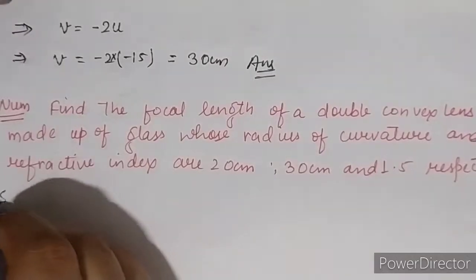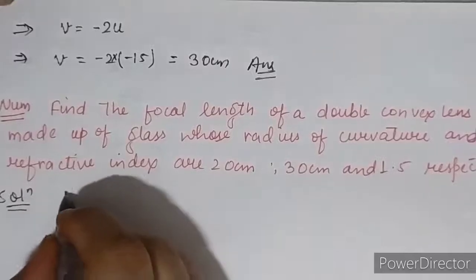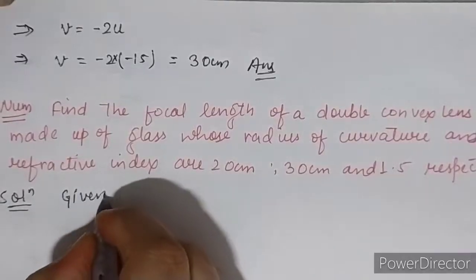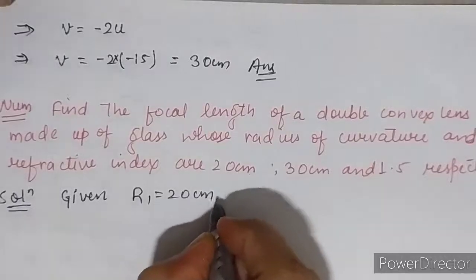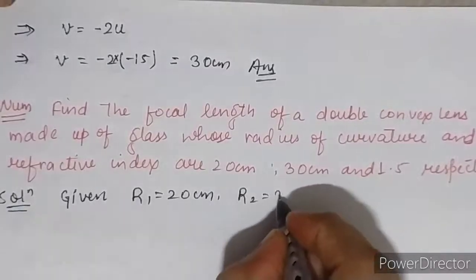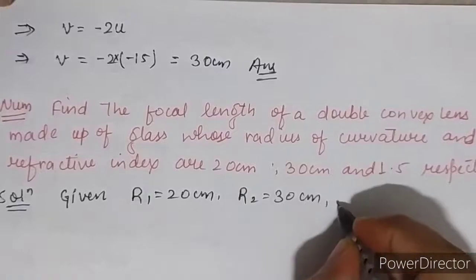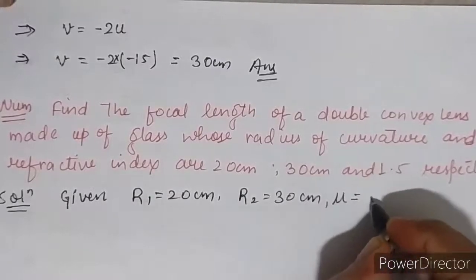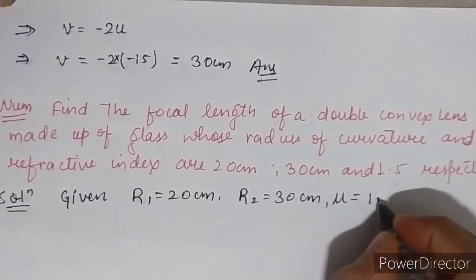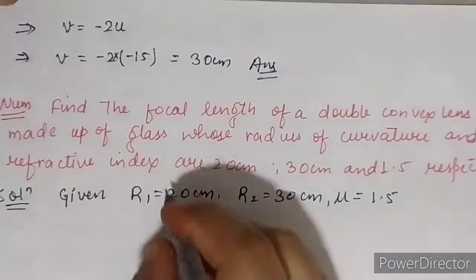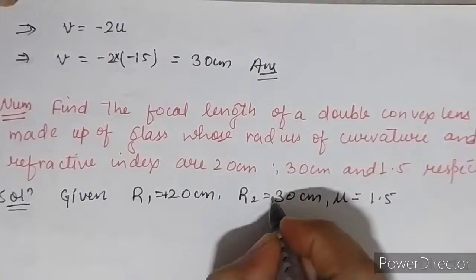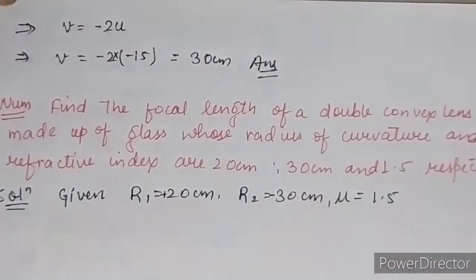And right now here, first of all we have to write the given quantities. So R1 is 20 centimeter, R2 is 30 centimeter and the refractive index mu is 1.5. This is about the convex lens. So R1 is positive and R2 is negative.